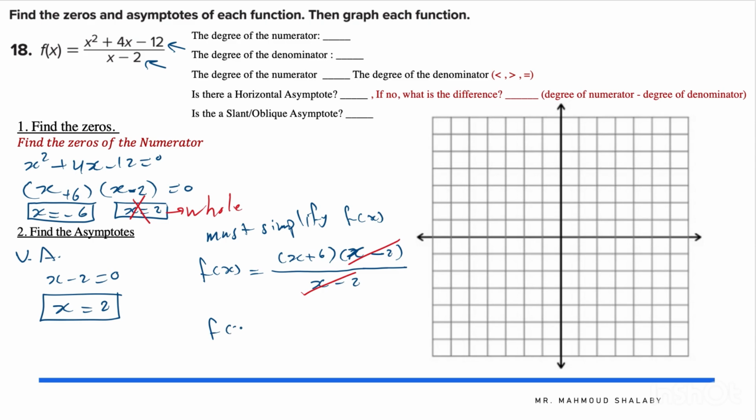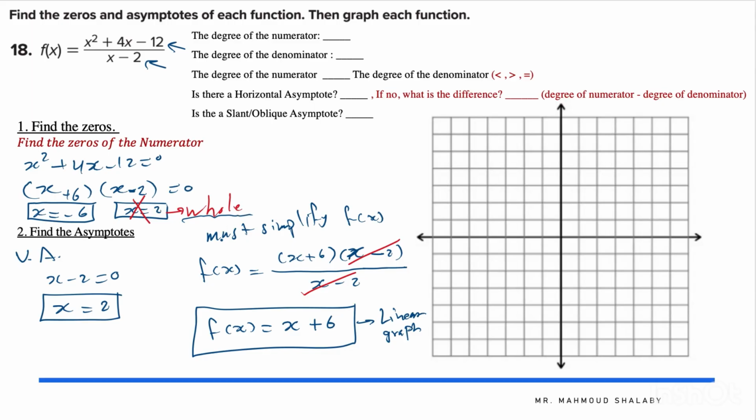So the simplest form of the function now is only x plus 6, which represents a linear graph, so we don't have a horizontal asymptote or an oblique asymptote, right? In this case we will have only a vertical asymptote, which will be represented by a hole on a linear graph. So let's graph the function.